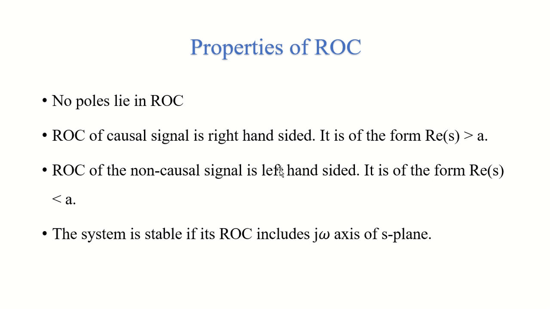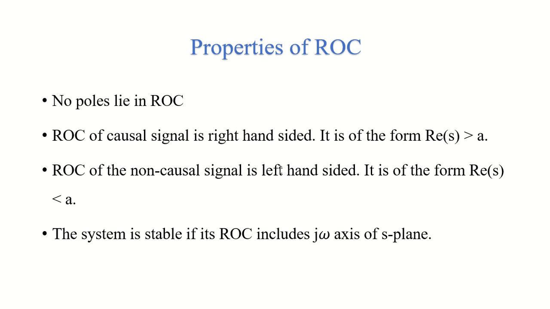So the ROC of my causal signal will always be right-sided, and the ROC of a non-causal signal will always be left-sided, of the form real value of s less than a. And the last point: the system will only be stable if its ROC includes the j omega axis of the s plane. These were the properties of the ROC.